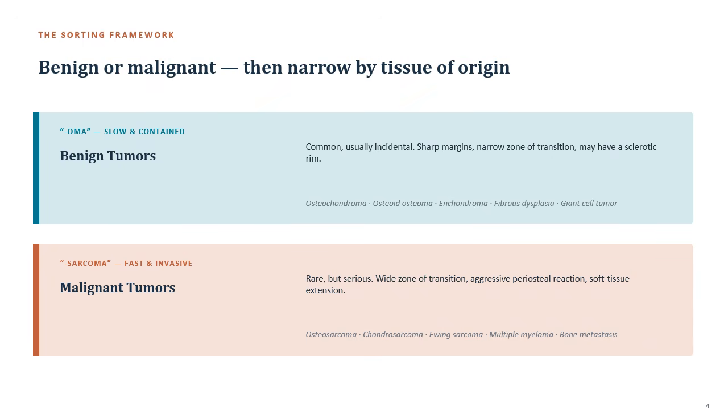They have a wide zone of transition, a very aggressive periosteal reaction, soft tissue extension, and also this group includes things such as osteosarcoma, chondrosarcoma, Ewing sarcoma, multiple myeloma, and also bone metastasis.